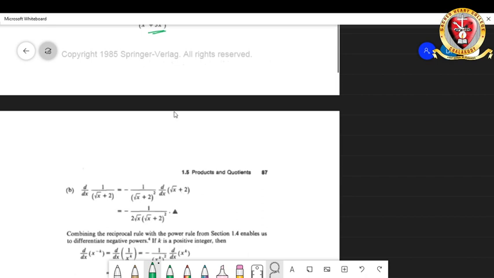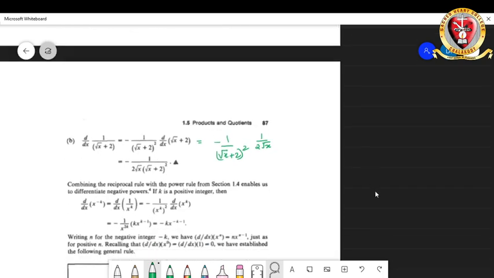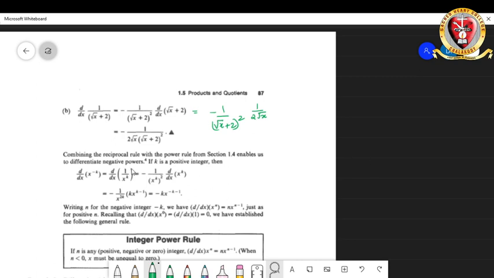The derivative of root x plus 2 will be 1 by 2 root x. So finally you get minus 1 by 2 root x into root x plus 2 the whole square. So that's how we get the same.